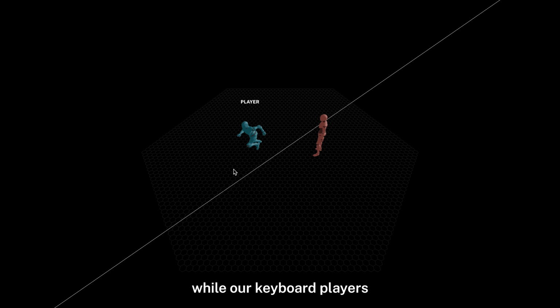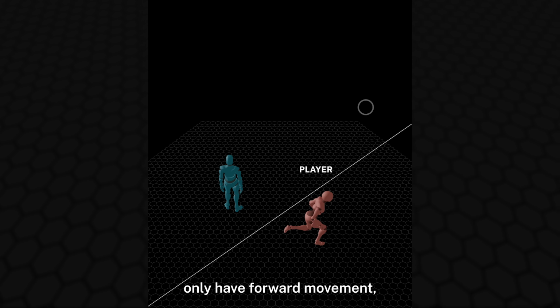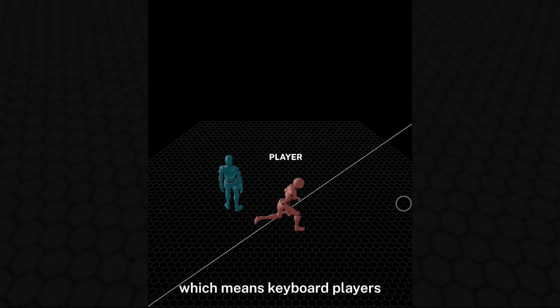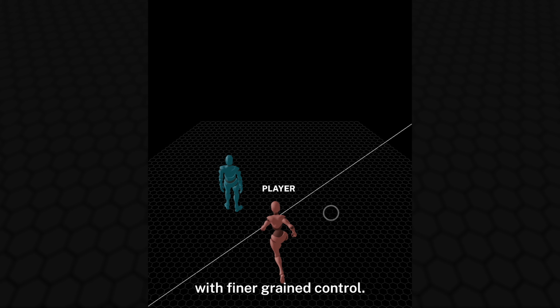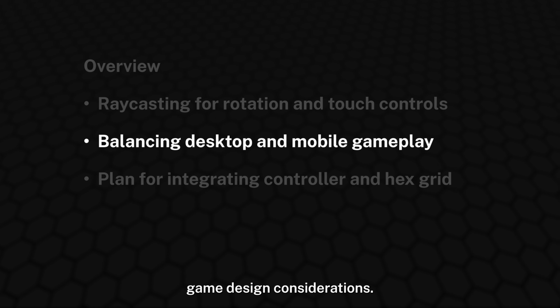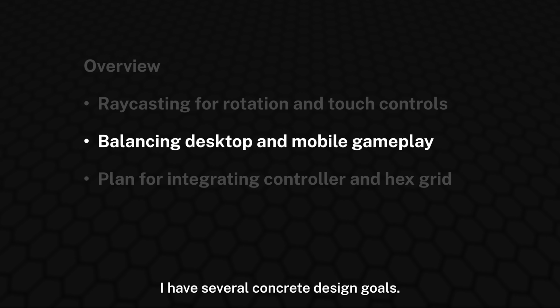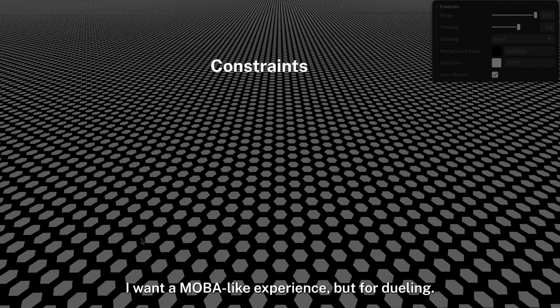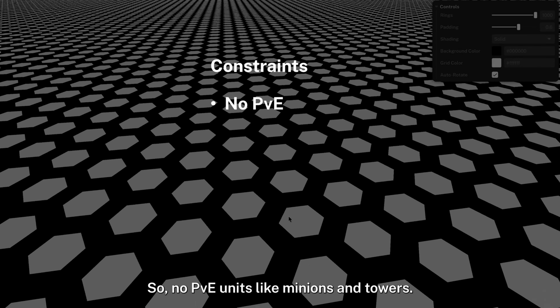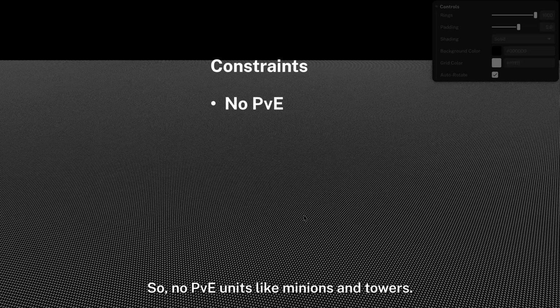You might have noticed that while our keyboard players can move in 8 directions, touchscreen players only have forward movement, which means keyboard players have an advantage with finer-grained control, and that raises some game design considerations. In my case, I have several concrete design goals. I want a MOBA-like experience, but for dueling, so no PvE units like minions and towers.